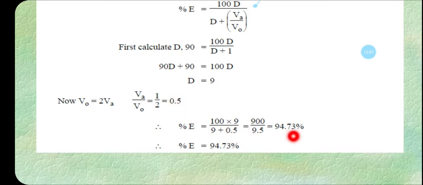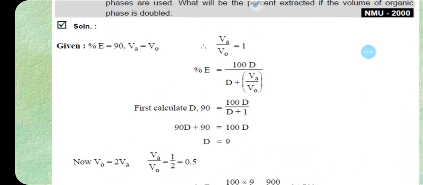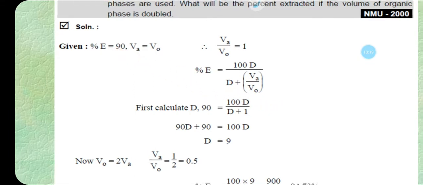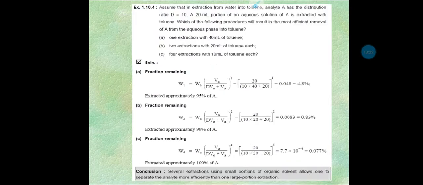So we get 94.73% extraction. That means if you increase the volume of organic, the percent extraction increases. Here it is 94.73, and when the volume of organic is the same as the aqueous, we get 90% extraction. That means increasing the volume of organic layer increases the percent extraction.